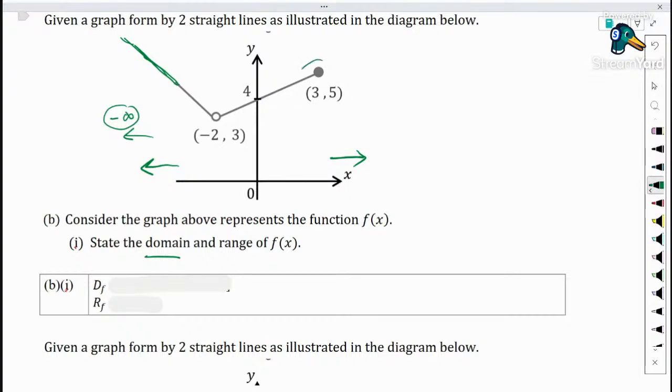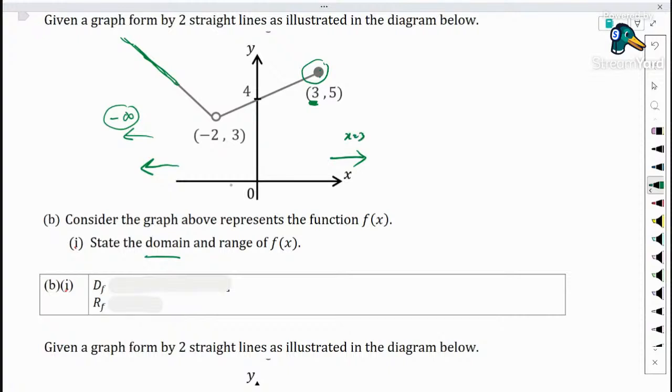And then on the other side, you find out that there's a dense circle here. This dense circle tells us that the graph will not extend any further at this point, so it stops here. So from the diagram, the graph can travel as far to the right as x equals 3 only.